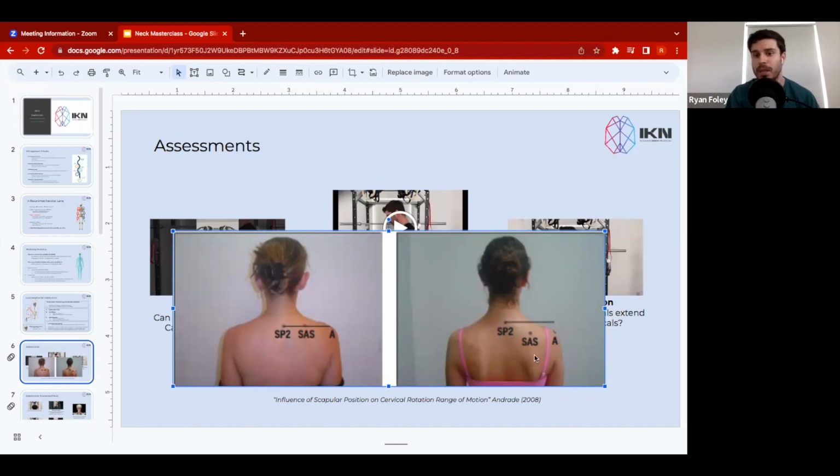So, for example, if we bring this individual's scapula into a position where it's level with the second thoracic spinous process, and then we load the upper limb or the cervical tissues in a certain way, and the client's symptoms improve, we can't necessarily say that scapula was in a faulty alignment or wasn't in an optimal position.